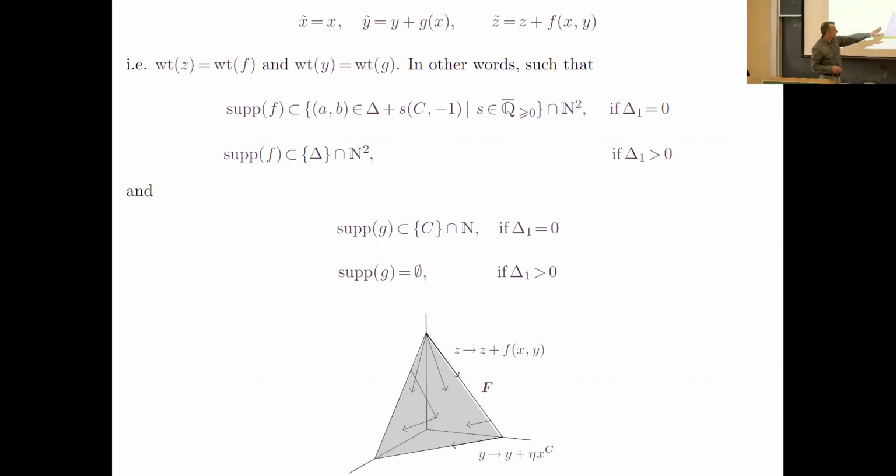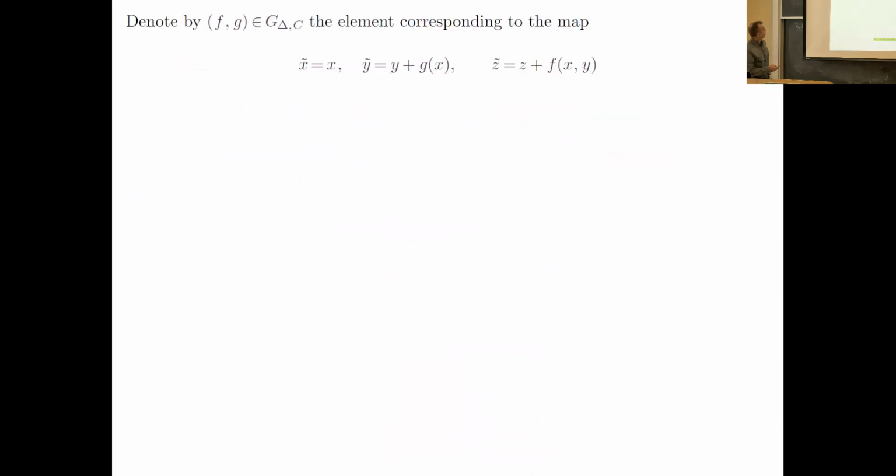So when you say that the graduation is preserved, it means precisely that you have this kind of behavior, where the contribution of one monomial here after the change of coordinates only appears in monomials which are on the same face, right? So now this group will be very important for us because it will allow us to define an intrinsic way of computing the invariant. Okay.